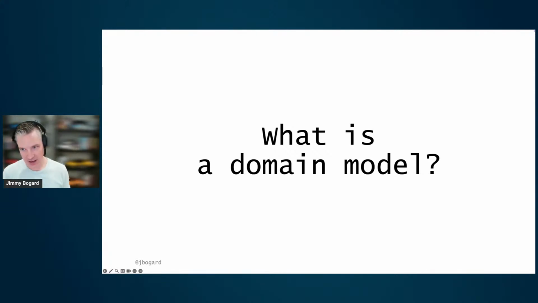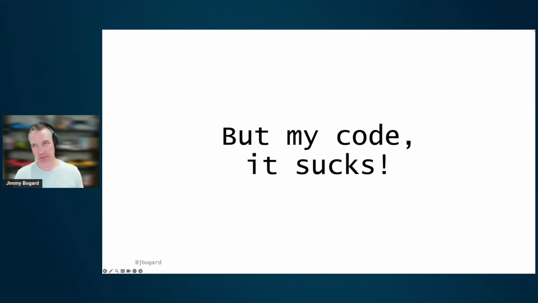Like I said at the beginning, I don't usually deal with greenfield applications. I mainly deal with existing systems, and in those systems, usually the code isn't what you want it to be. So if you have existing code bases and you want to move them towards this idea of a domain model, there are techniques we can use to do so.